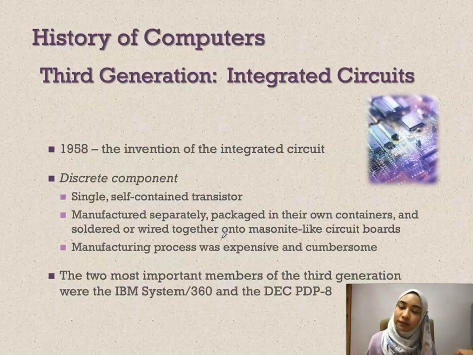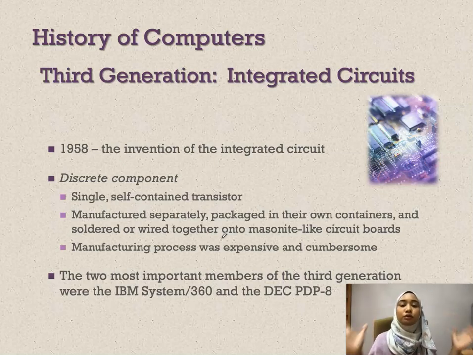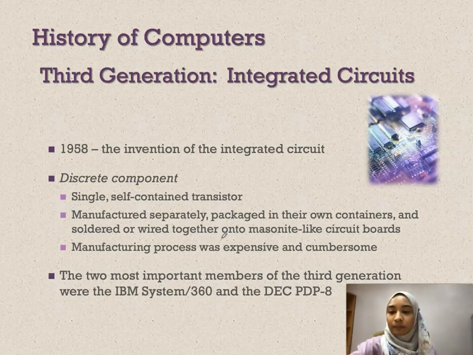And then let's go to the third generation, which is based on the integrated circuits. Hooray, we are finally here, which is what we're dealing with. So first, in 1958, the invention of integrated circuits. So first we began with a single self-contained transistor. Pretty sad, right?